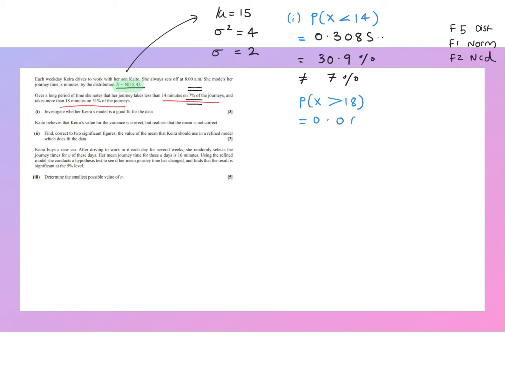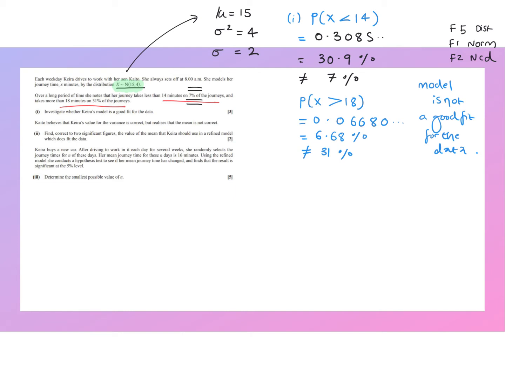That gives 0.06680, which as a percentage is 6.68%, not equivalent to 31%. So the model is not a good fit. We do need to actually answer that and make it clear that we're stating the model is not a good fit.